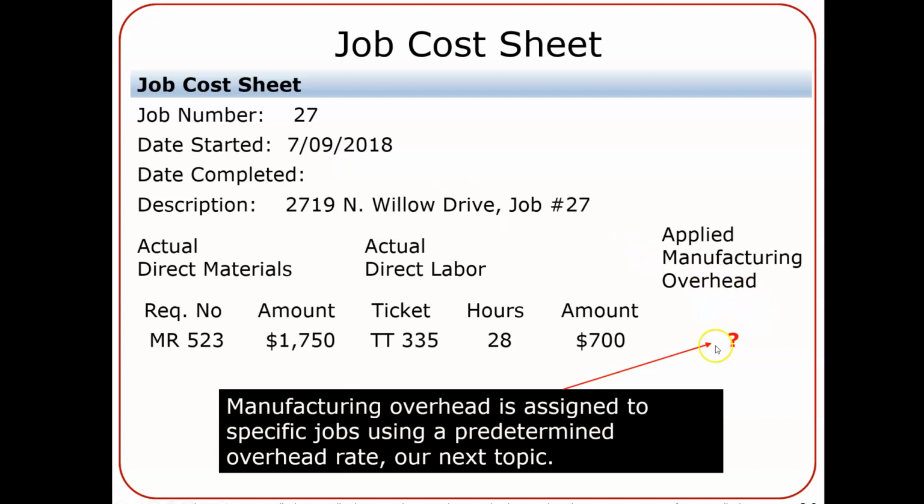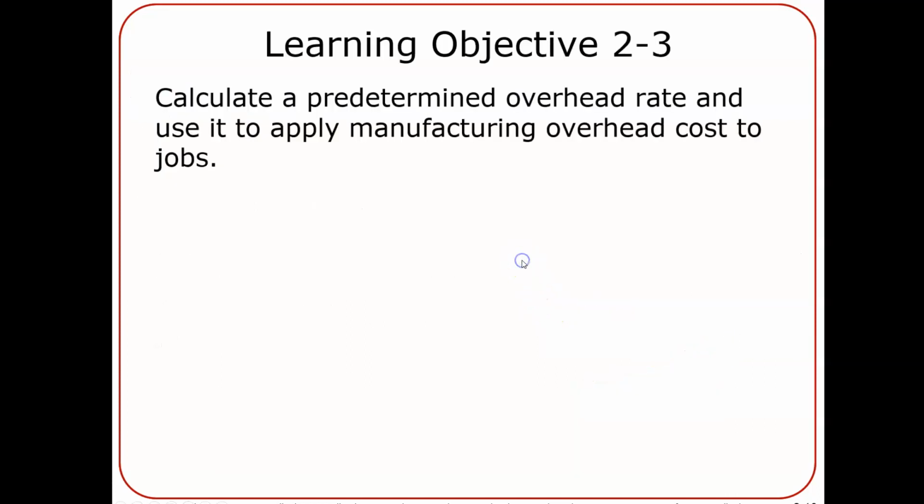So we can't wait till the end of the year to determine how much overhead this job used. So we apply overhead using a predetermined overhead rate, because we want to get that overhead in there and charge it to the job, and we do this based on an estimate.